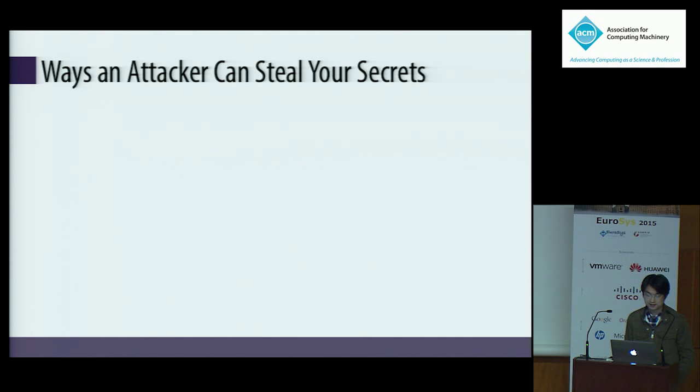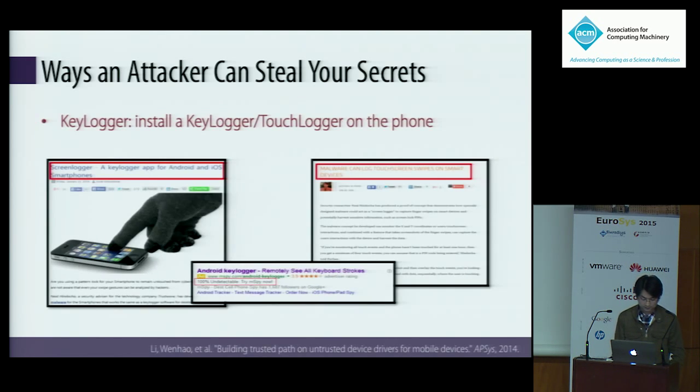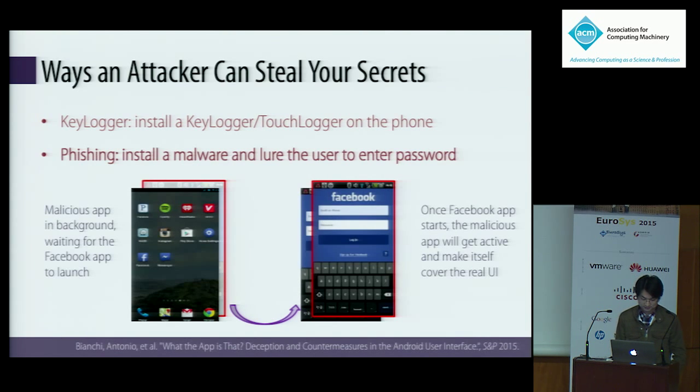First, let's see how many ways an attacker can steal your secrets on your phone. An attacker can simply install a keylogger on your phone and steal all of your input. Actually, you can buy that service on eBay. Or he can install malware to lure the user into entering the password.